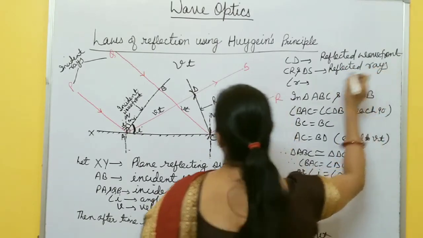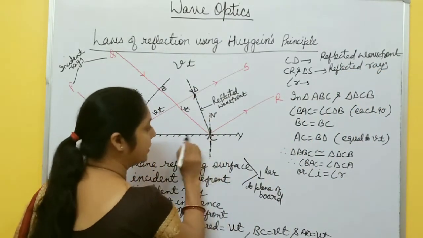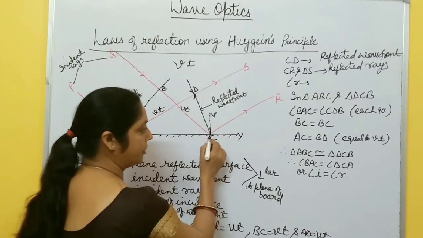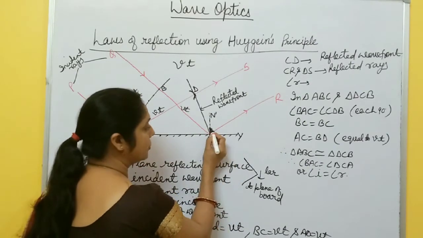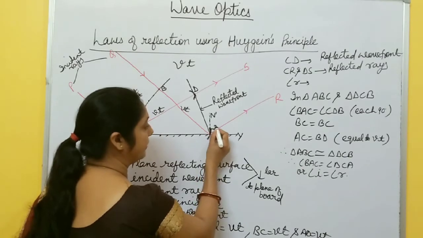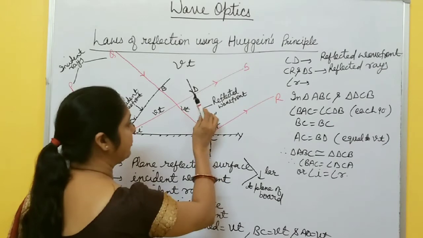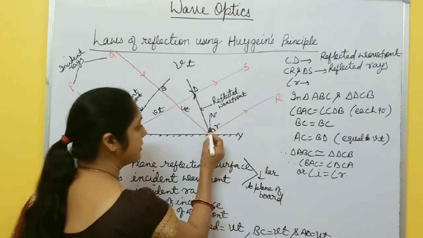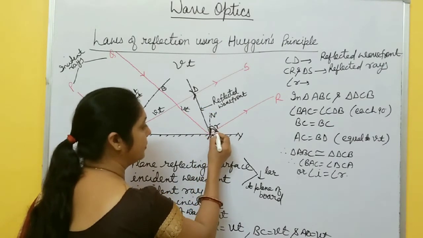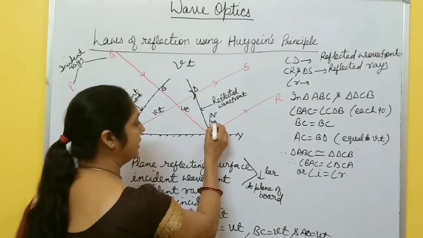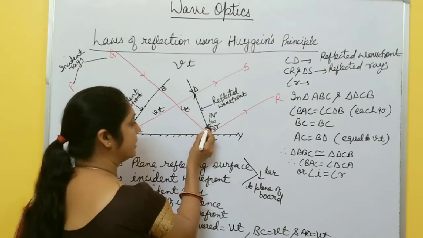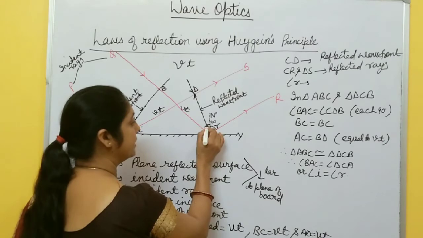If you draw one normal at this point to the surface, the angle between this normal and the reflected ray is the angle of reflection. And you know the reflected wavefront and reflected rays are perpendicular to each other, so this one is 90 degrees. So this angle becomes 90 minus r.